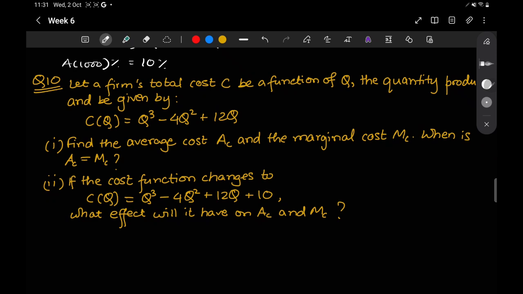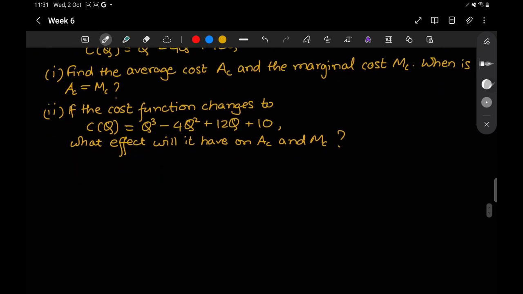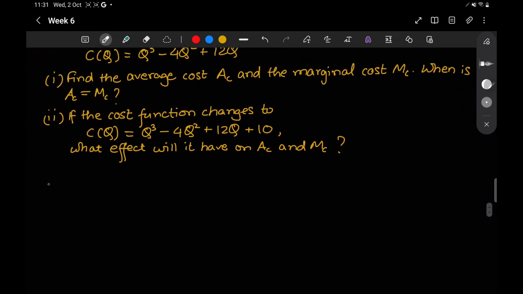Okay, so let us now discuss the solution. So average cost is the cost over the quantity produced Q, which is the following.